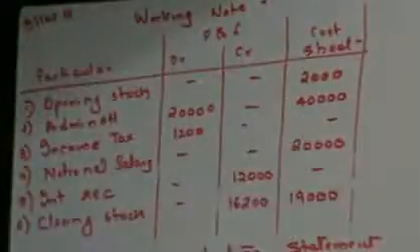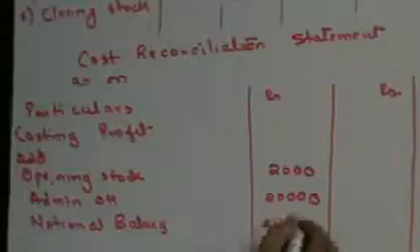Right? Income tax is less in the cost sheet. Less is less. So income tax will come in the less column. Notional salary is more. More is more. Notional salary, 20,000.